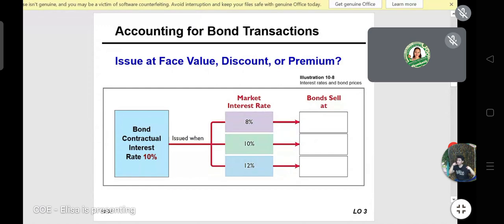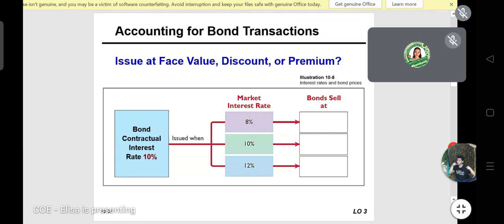Many will buy your bond, because if I am an investor now and I have the money, I will prefer your issued bond since you offer 10% interest while the market interest rate is only 8%. So I will prefer to buy your bond. So that is bonds sold at a premium.